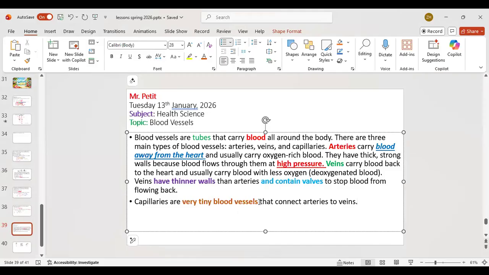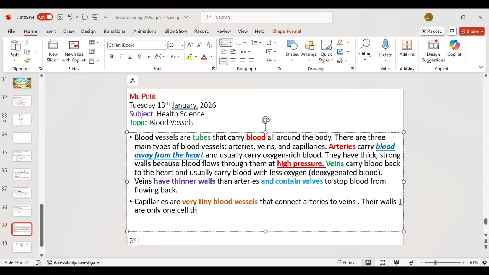The capillaries are very tiny blood vessels that connect arteries to veins. Their walls are only 1 cell thick, and you know a cell is very small, right?